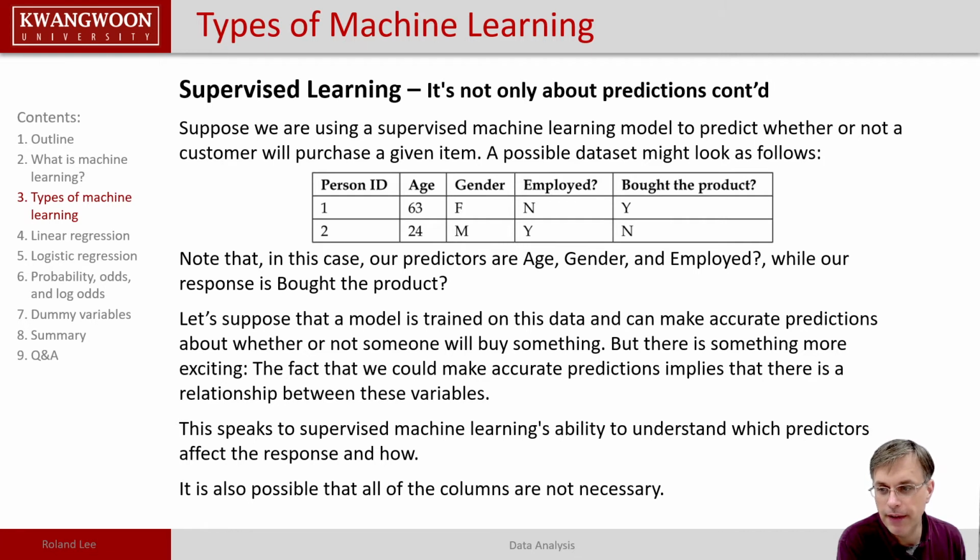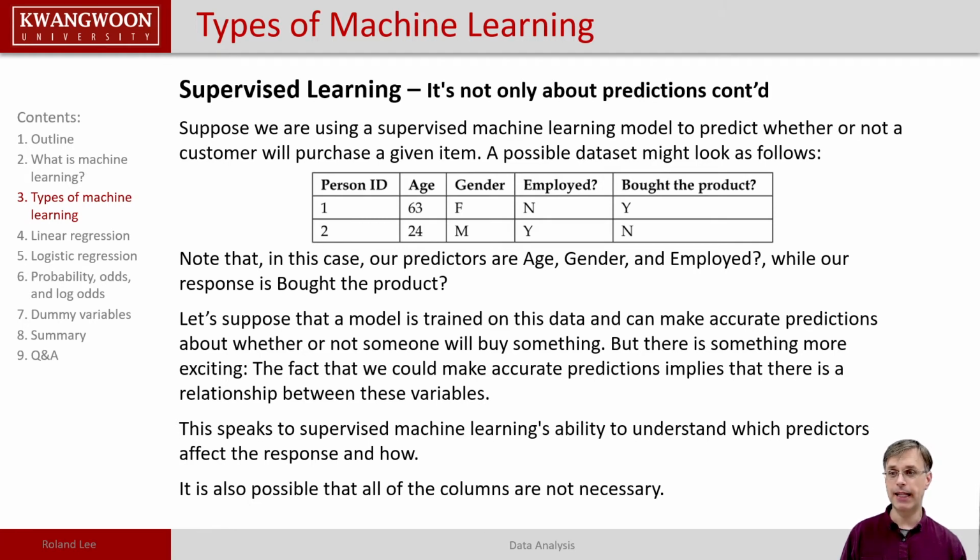Now, assume that the model is trained on this data and can make really good predictions about whether or not someone will buy something. That is, in and of itself, exciting, but there's something else that is arguably even more exciting.